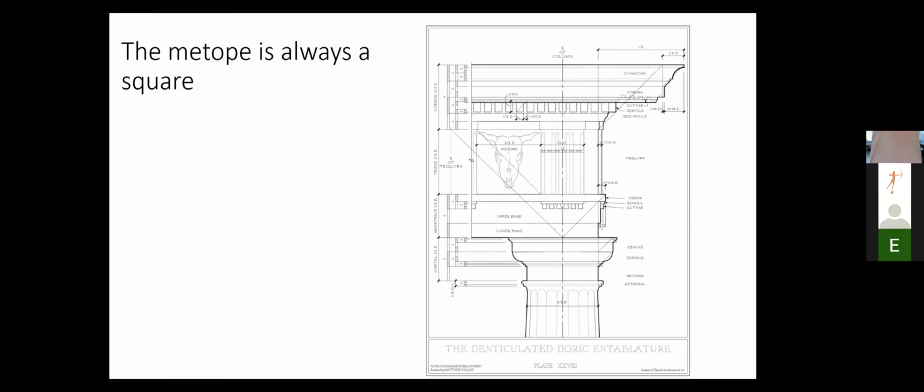We talked earlier in some of the classes about how every little part of this is based on the dimension of the column. So the metope is the central spandrel, which is predominantly a square, and the triglyph can be proportioned and adjusted based on the width of the spacing of the columns.